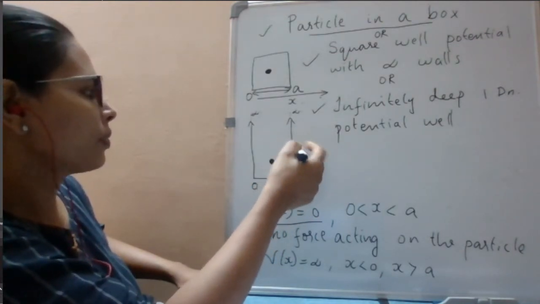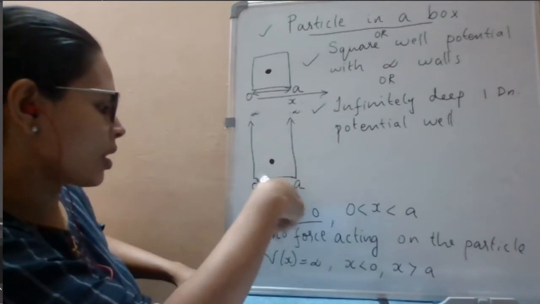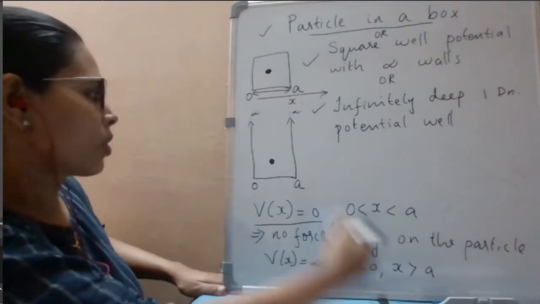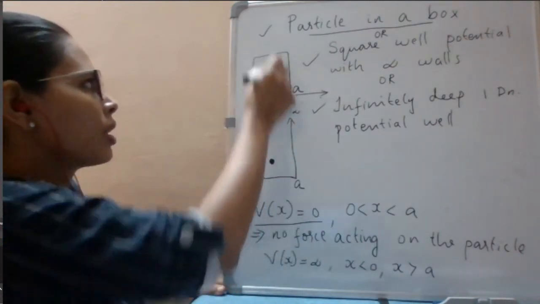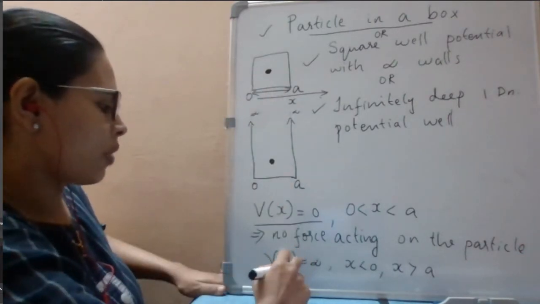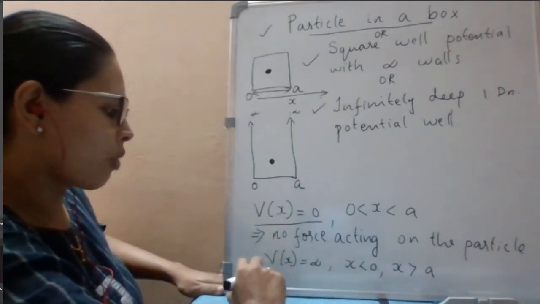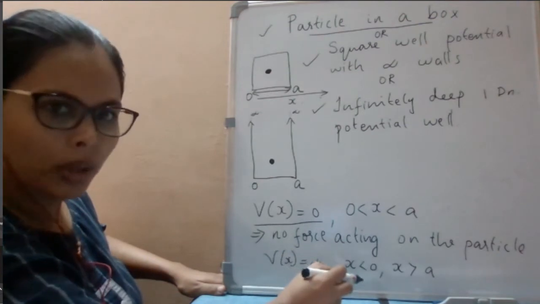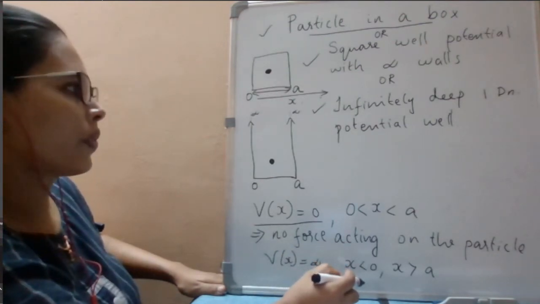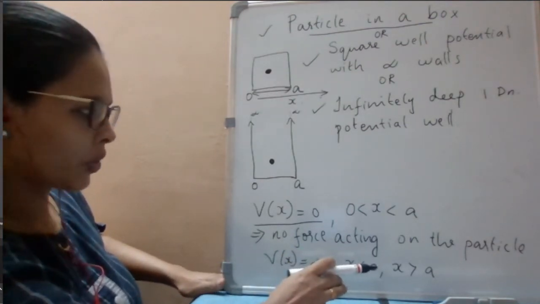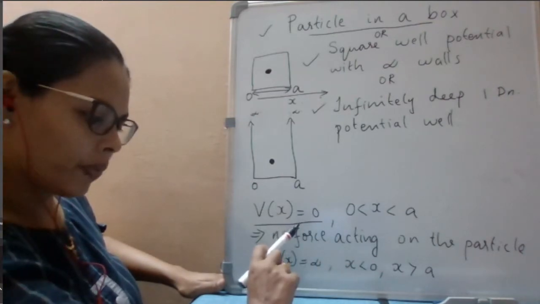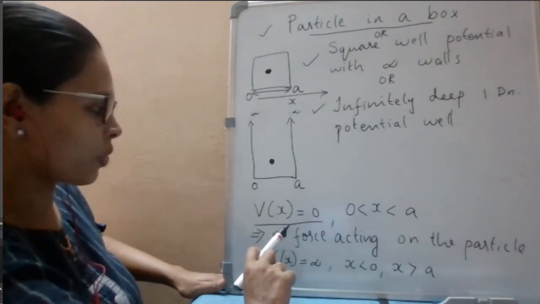So since there are walls or it is confined in a box, we can say that it experiences a force so that it cannot come out of the box. So this is the situation now. So we can say that there is no loss of energy.